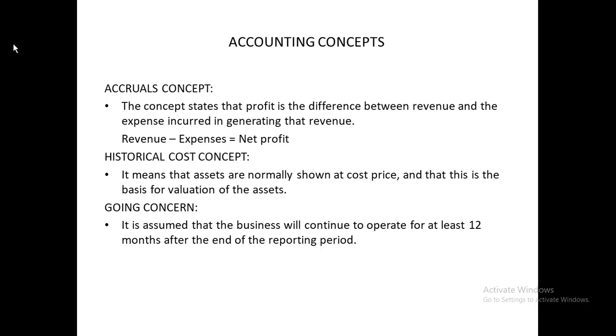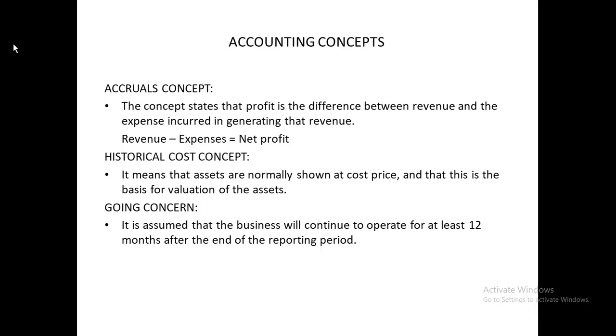If there is any deduction which needs to be done, for example, the deduction for depreciation, we have to start at cost. Then we show the depreciation charge and the current value of our asset. That's the historic cost. We don't just start from the current value of our assets. We need to know the cost of this asset. That's what we call the historical cost concept.